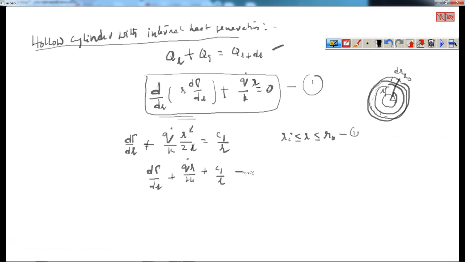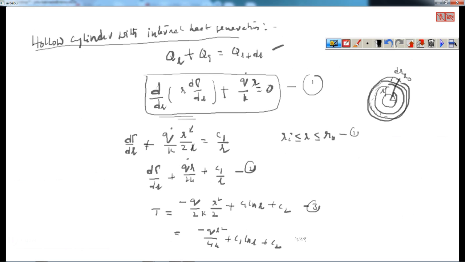I denote this as equation number 2, and integrate this equation again. Then t is equal to minus q dot by 2k, and r becomes r square by 2, and c1 by r becomes c1 ln r plus c2. This is equation number 3: t is equal to minus q dot r square by 4k plus c1 ln r plus c2.